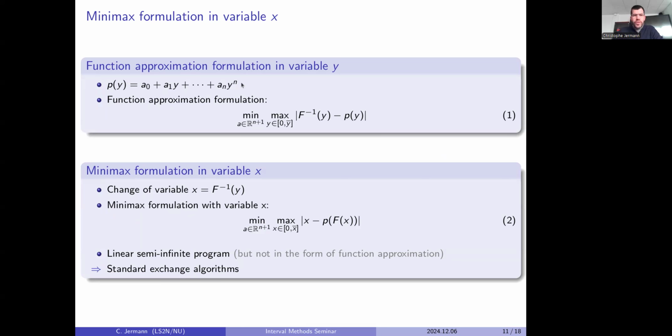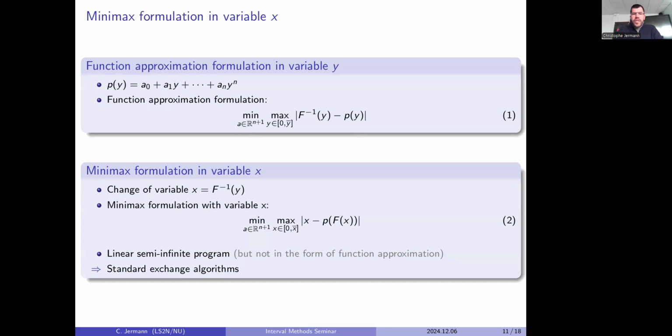We consider that we know the degree, and we want to minimize the error, which can be defined as the maximum over the domain for y of the difference between our polynomial evaluated at y and the inverse of the function capital F evaluated at the same value y. So we want to minimize over all a's this quantity. This is a classical minimax formulation for an approximation problem.